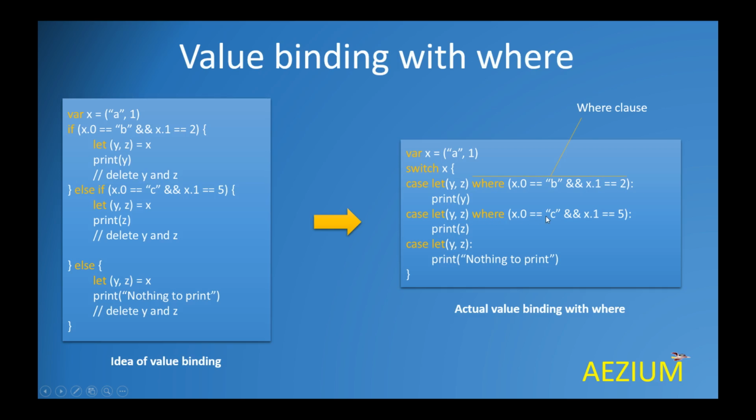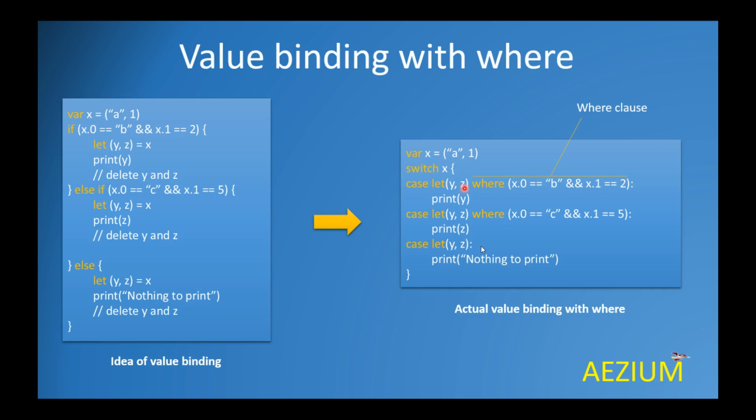Similarly for the remaining cases. The very last case, we don't use a where clause because that is meant to act like a default case, and we don't need any conditions for that to kick in.